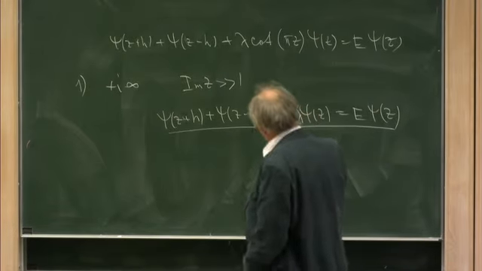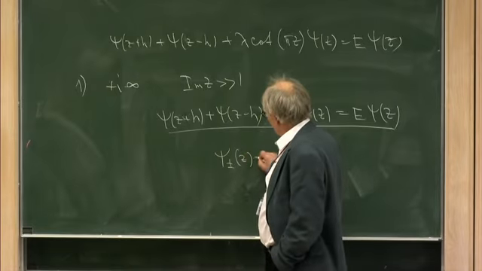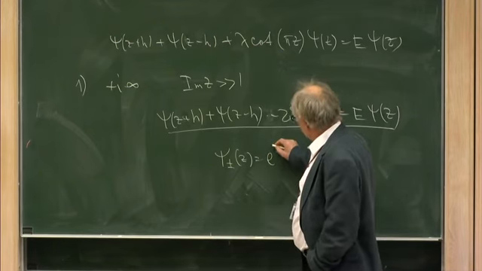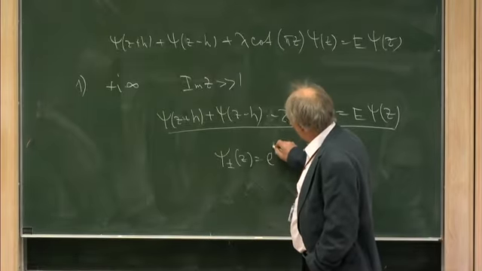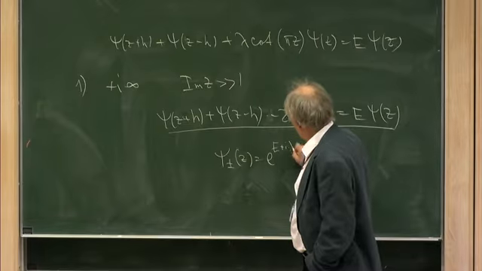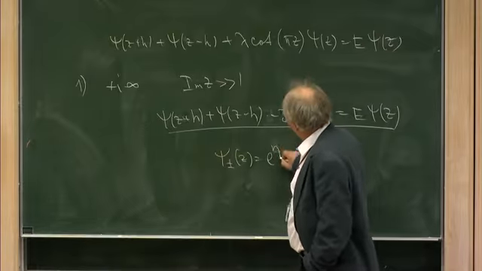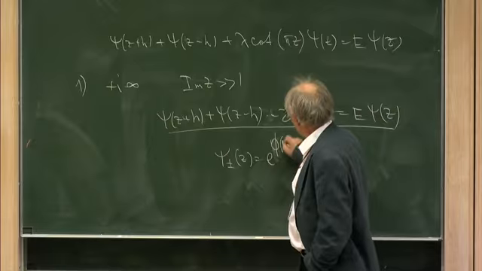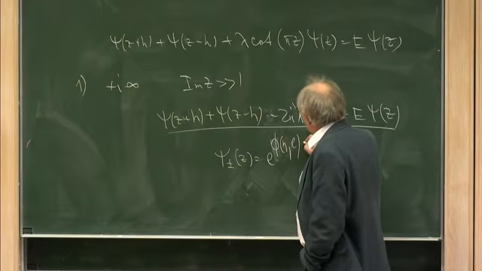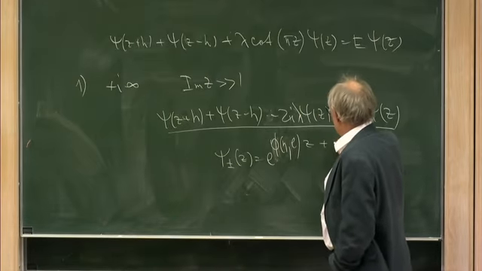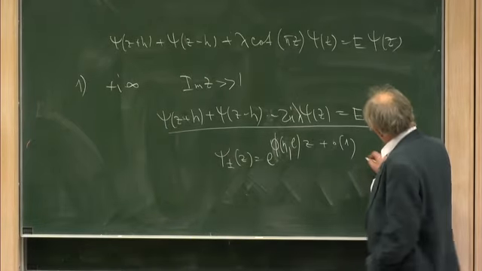And one can easily construct two solutions of this equation of the form e to the some phase, which depends on eta and lambda, times z plus small o of one as the imaginary part of z tends to plus infinity.